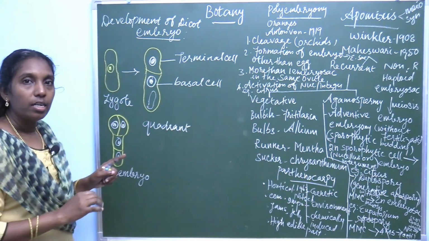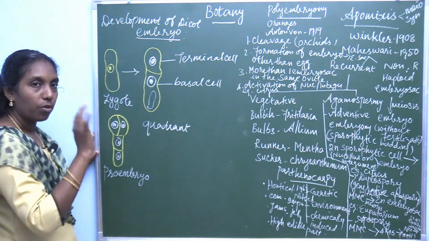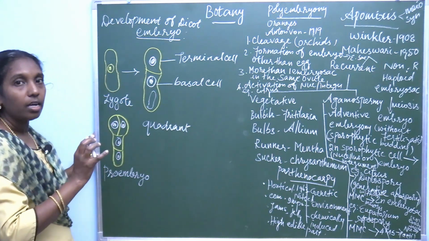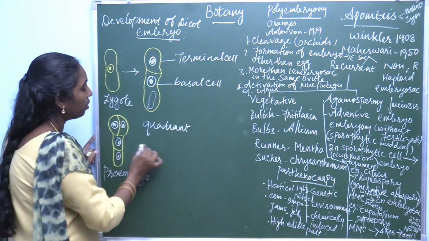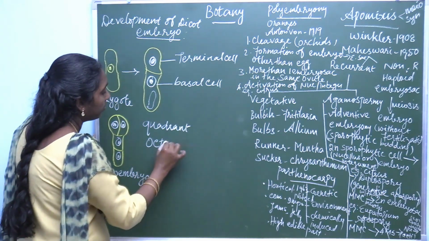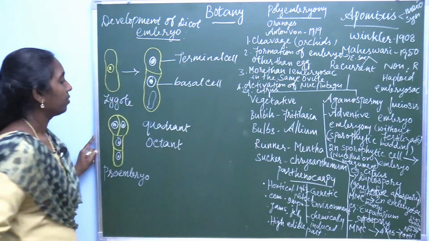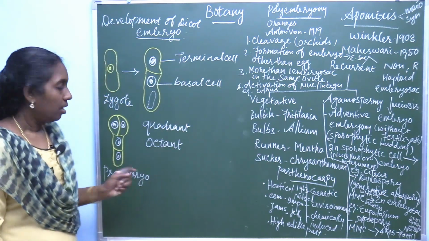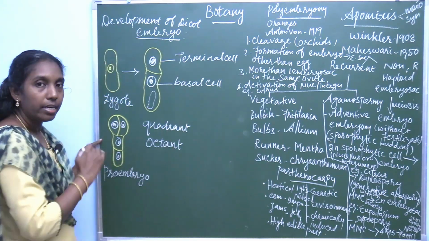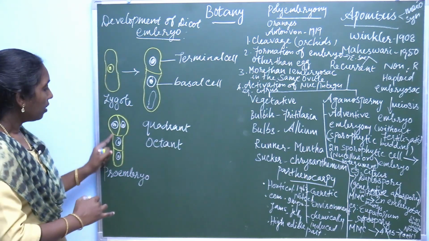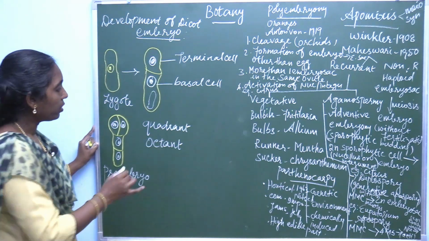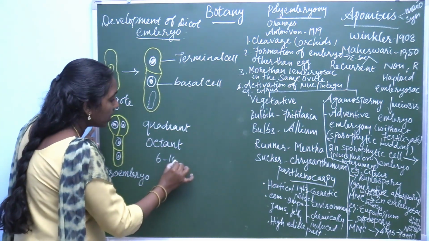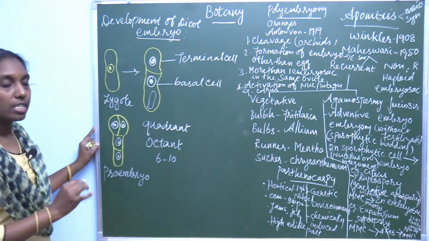The quadrant divides transversely and forms 8 cells, the octant. Now these cells undergo further divisions. The basal cells divide transversely and produce a 6 to 10 celled suspensor.